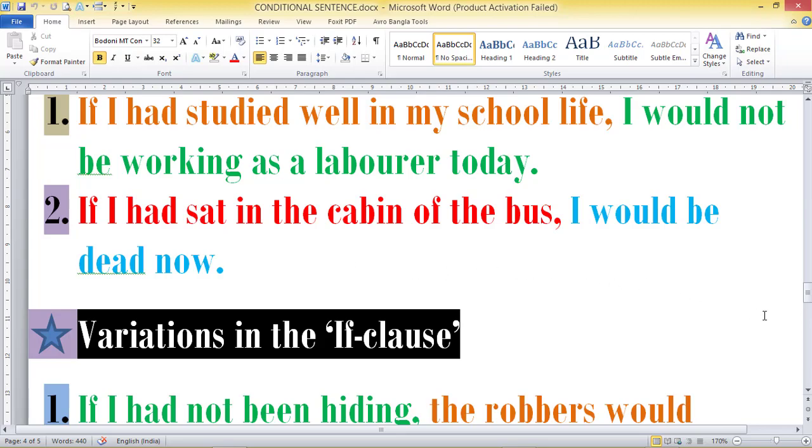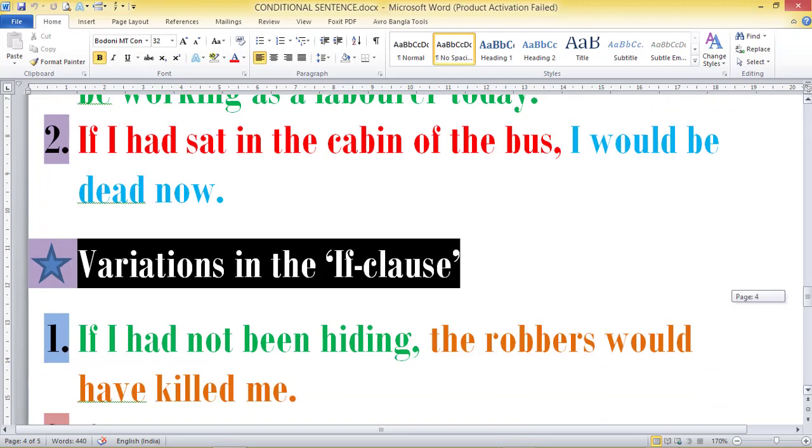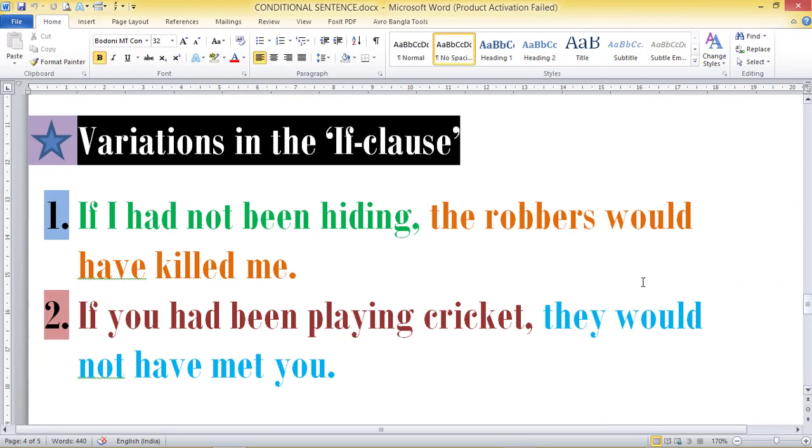Now let's go to the variations in the if clause. So certain variations are possible in the if clause in case of conditional sentence type 3. Let's for example go to the first sentence. The first sentence is, if I had not been hiding, the robbers would have killed me. In the if clause you observe, you can use here past perfect continuous tense.